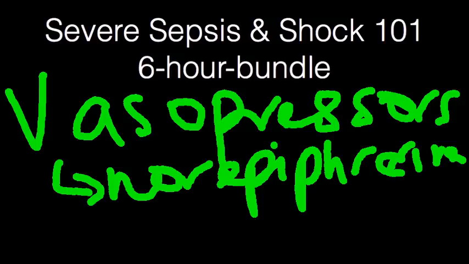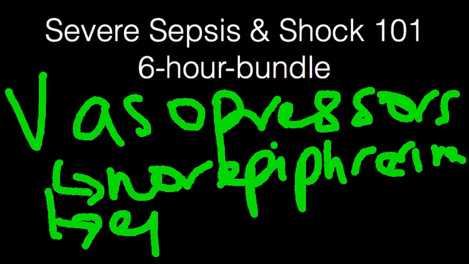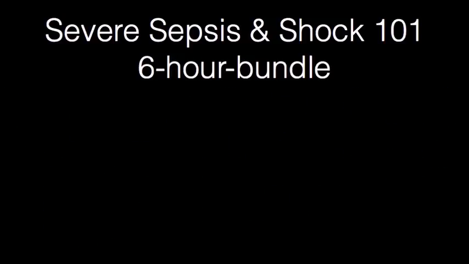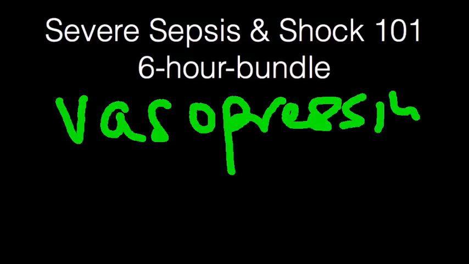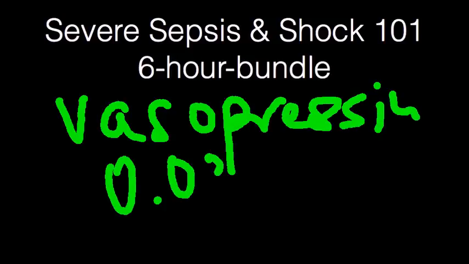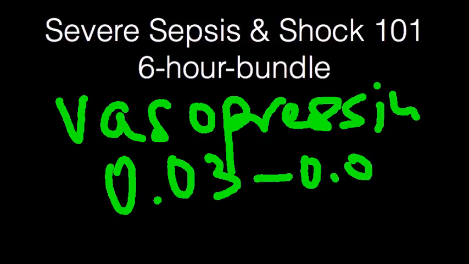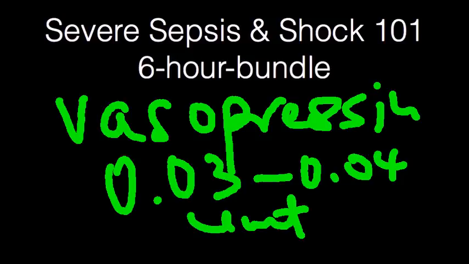So norepinephrine is your first line. If that doesn't work, then consider epinephrine as an adjunct to norepinephrine. Now, if you still need another pressor as an adjunct, vasopressin works pretty well. It should not be used as a sole pressor, and it shouldn't be titrated. You can either use 0.03 or 0.04 units a minute.